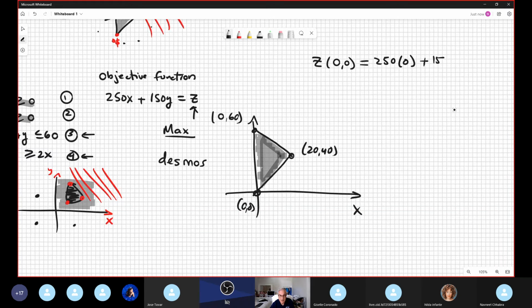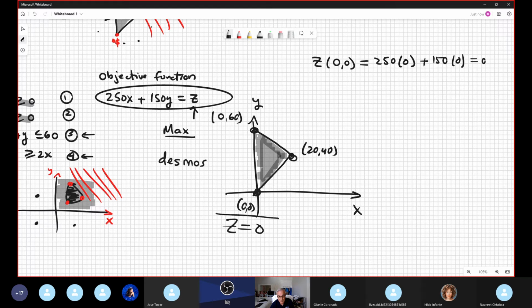Okay, the thing I try to explain is I reproduce a little bit the sketch of Desmos. If you have a triangle, we have three corners, which are 0,60, 20,40, and 0,0. I want to evaluate this objective function, and the only thing I should do is plug in any corner. 150 times 0 is obviously 0. So the C value for this point is equal to 0.